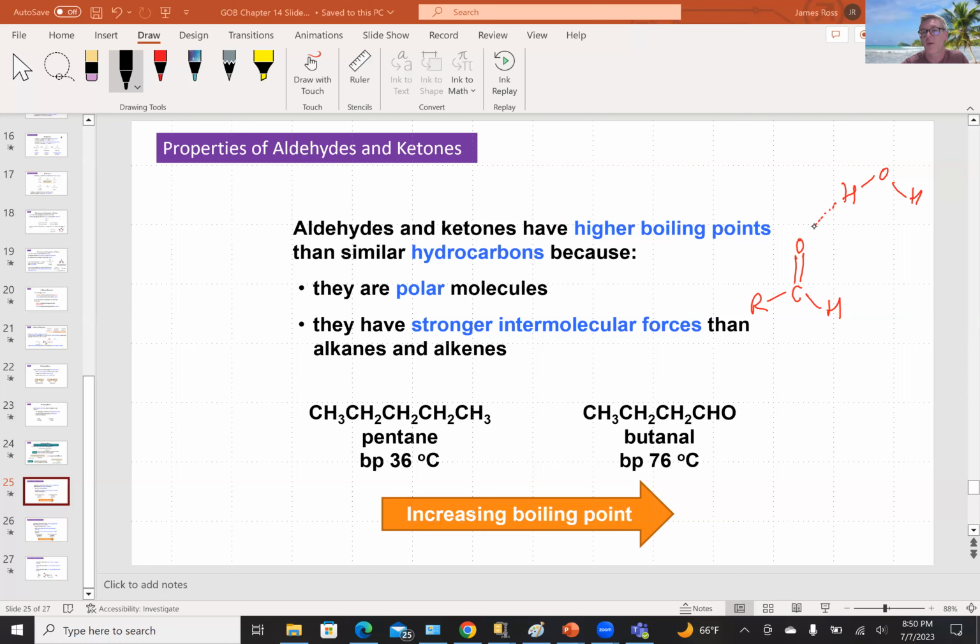So you can form a hydrogen bond like that, but it can't hydrogen bond with itself. When we look at physical properties, we're not looking at water, we're looking at the aldehyde bonding with itself, and it can't hydrogen bond with itself. So whereas it does have dipole-dipole forces because of the carbonyl, it doesn't have the extreme dipole-dipole forces that it would have if it could hydrogen bond.